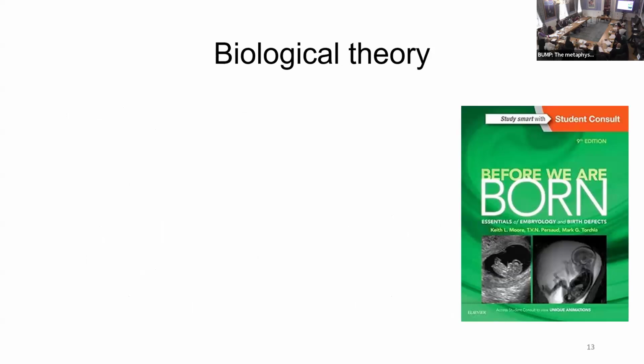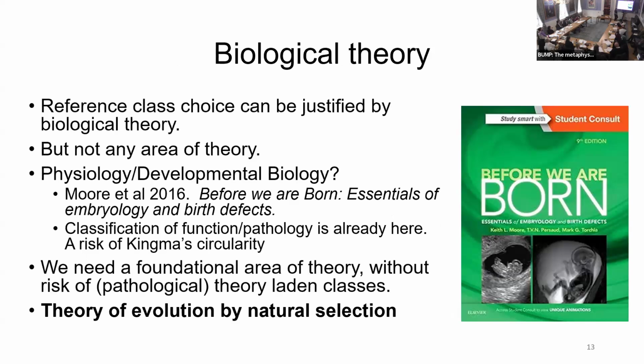So I think we should look to biological theory, but we can't look to any old part of biological theory, and that's because of the title of this book. So, physiological developmental biology. The title of this book, a textbook on fetal development, is Essentials of Embryology and Birth Defects.